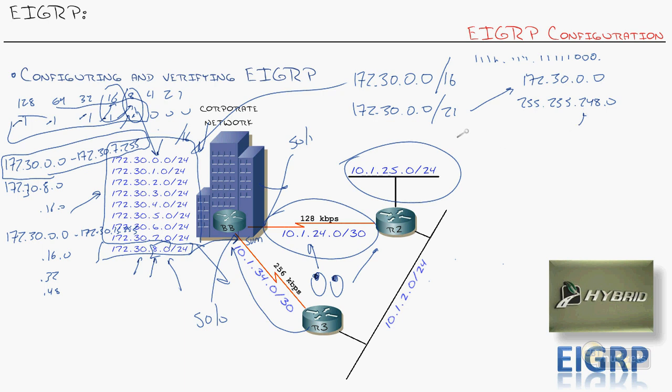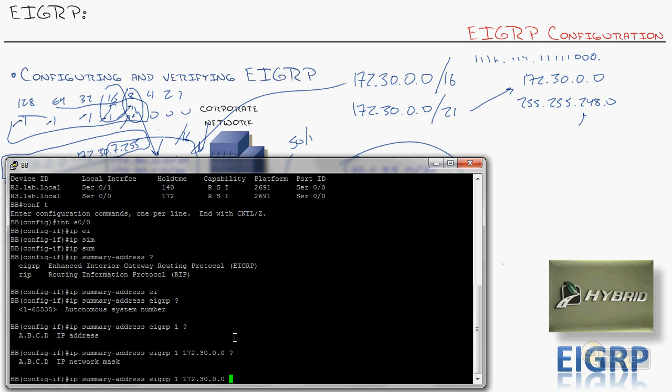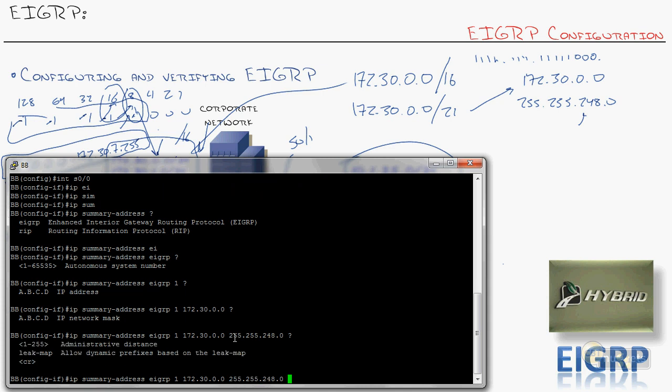So if I go here, let's prove it with the configuration as well as the whiteboard. Let's go to the BB router, and I'll do 172.30.0.0. What's the summary mask? 255.255.248.0. And you can change administrative distance.